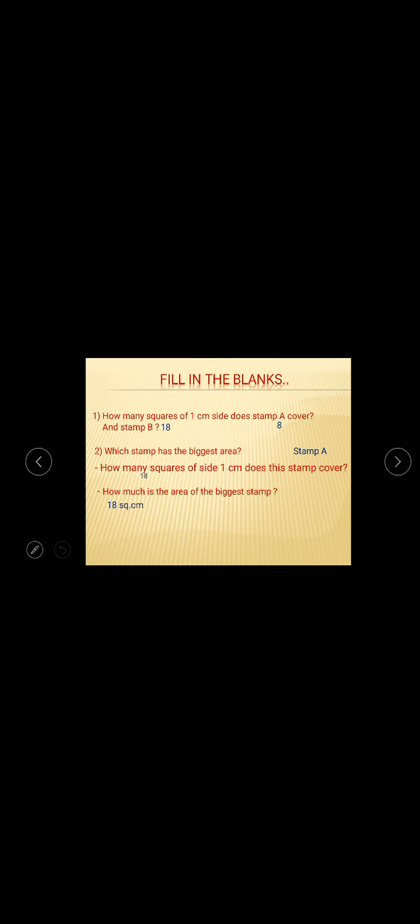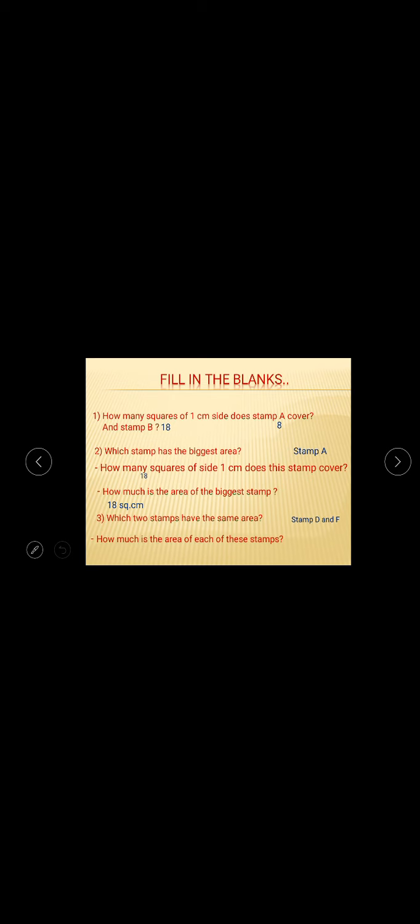Now the next question: which two stamps have the same area? We see there are two stamps and both of them have 12 square centimeter area. So stamp D and stamp F both have the same area, and that is 12 square centimeter.